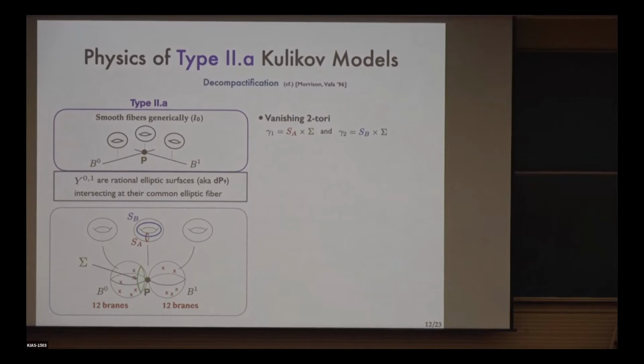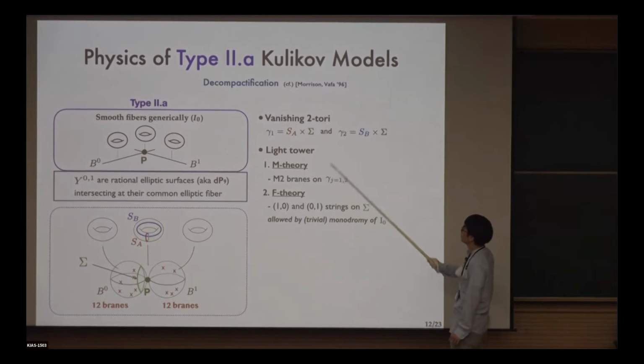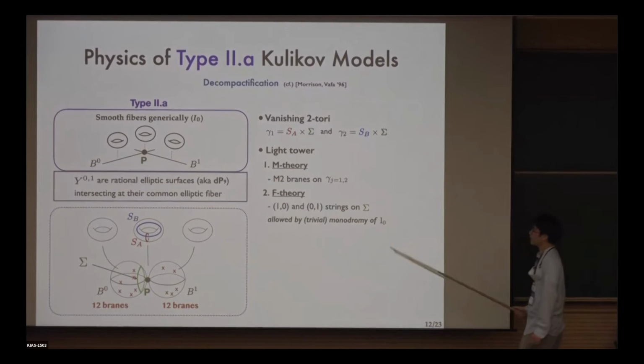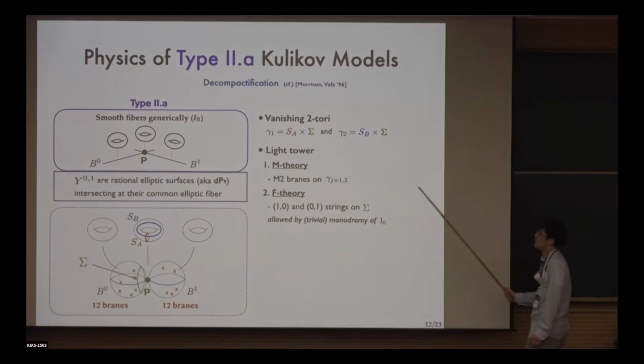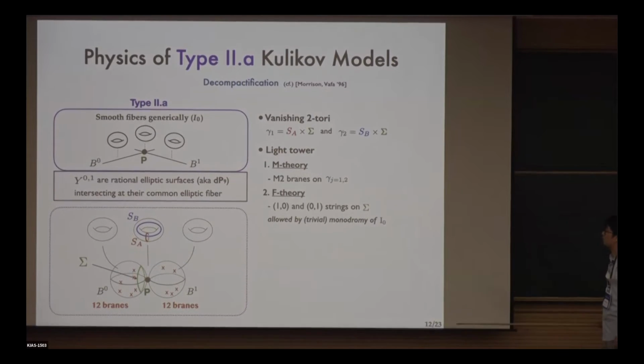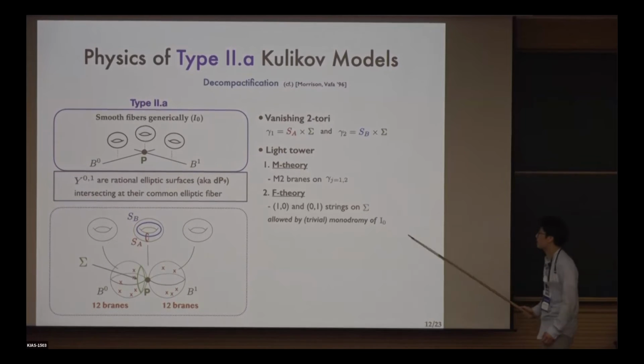So then in M-theory, the M2-branes can wrap on these two vanishing 2-tori, and this way we can obtain a pair of light BPS towers, and these two light KK towers indicate decompactification later.